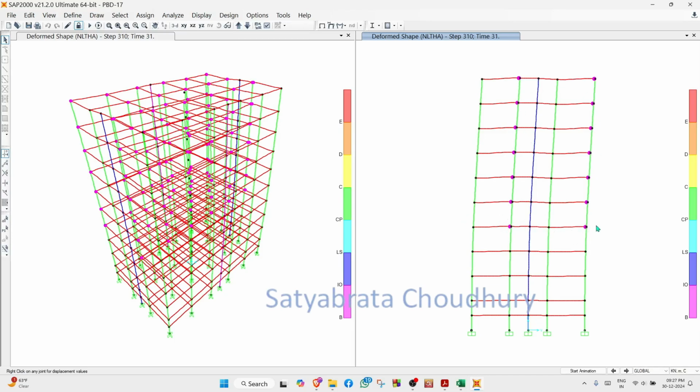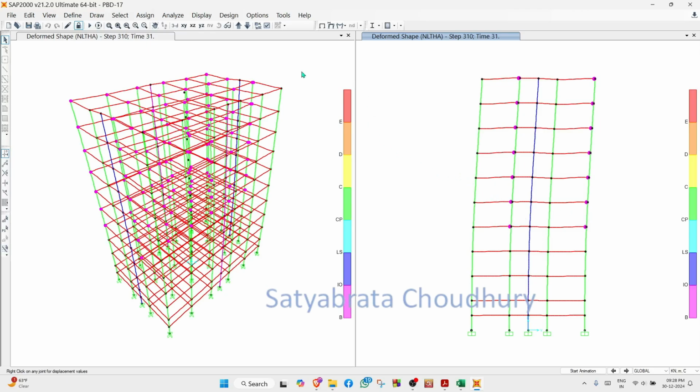Hinges are not there in the columns because by capacity design, columns should remain elastic, and that can be achieved by regulating the column to beam capacity ratio, C by B ratio, more than say 1.4 or like that. In Eurocode it is 1.3, in Indian code it is 1.4. So if you maintain that, column should not fail.